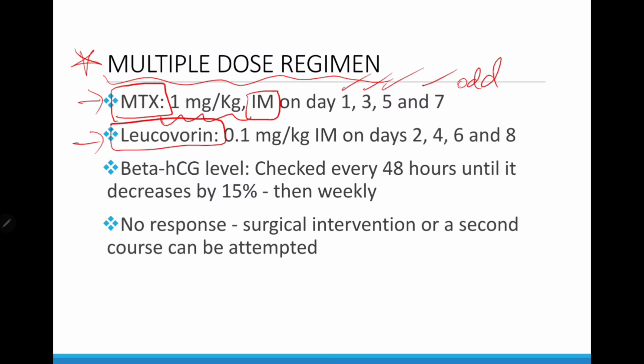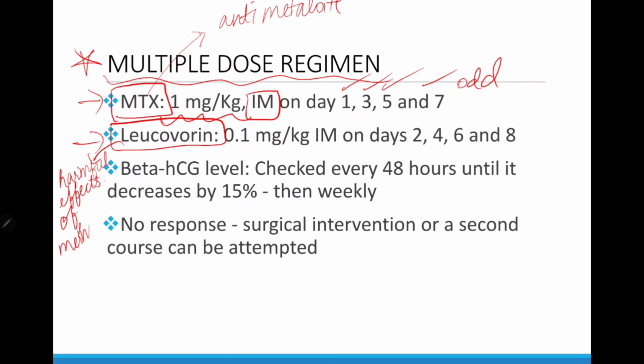So you all know that methotrexate is generally an anti-metabolite. And what is this leucovorin for? Leucovorin is a drug which prevents or gives protection from the harmful effects of methotrexate.